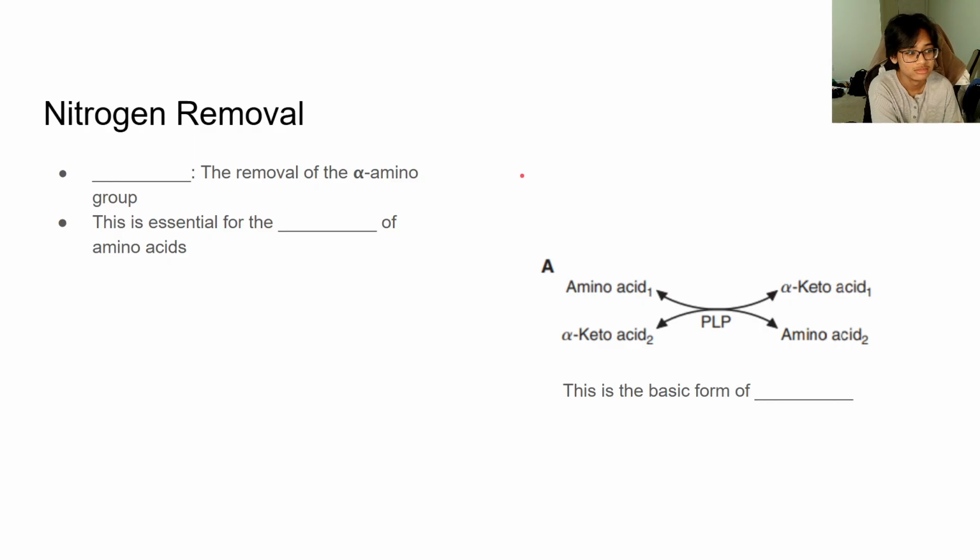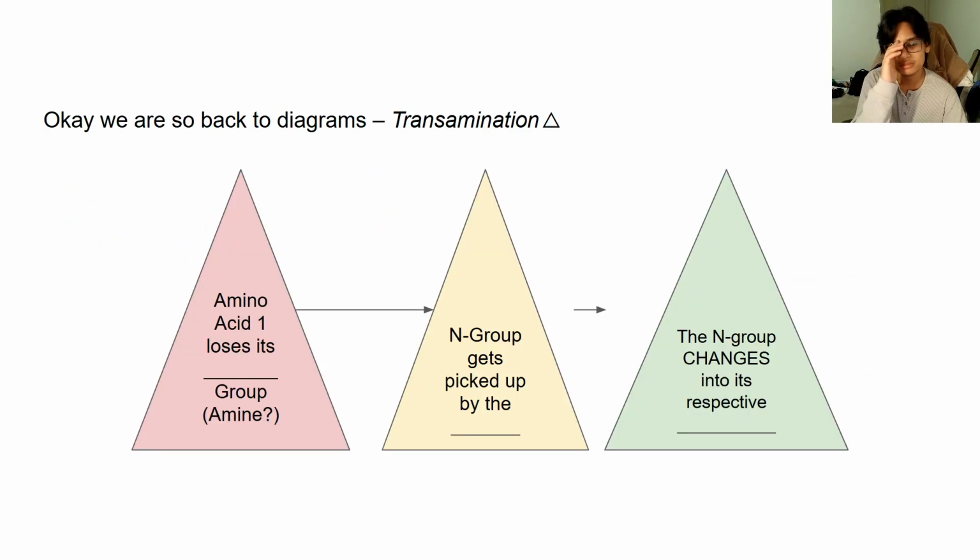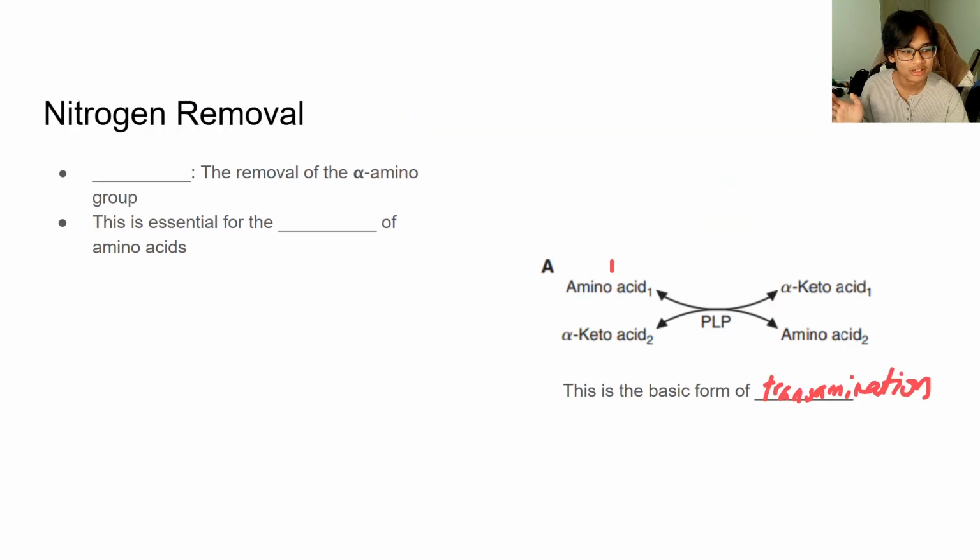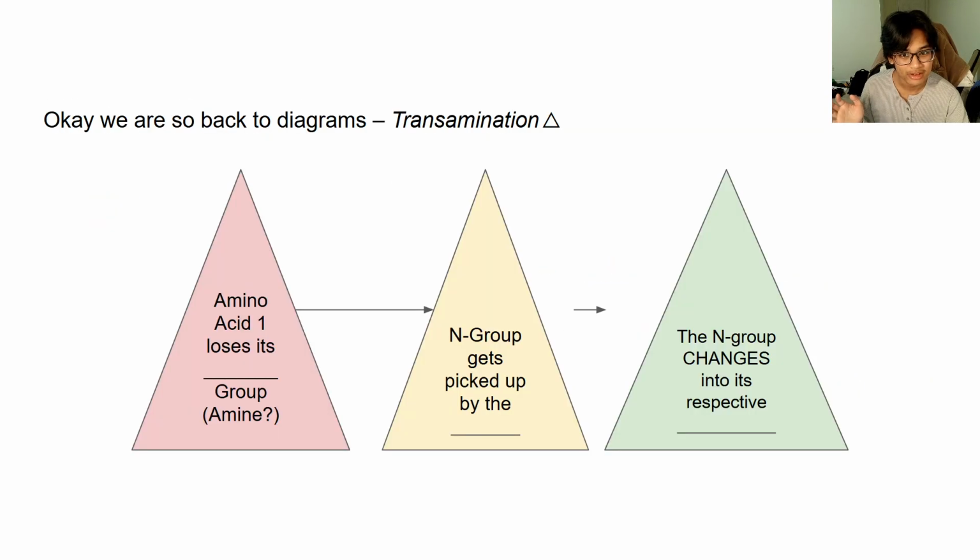This is the basic form of transamination. You're starting with an amino acid, and I don't really know what this one thing is. So this is my diagram to you. We are so back to diagrams, and now we're doing triangles.